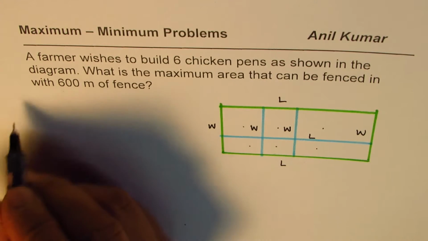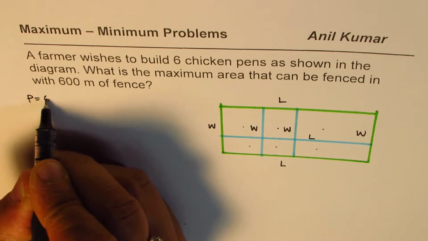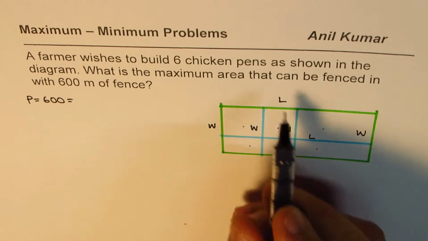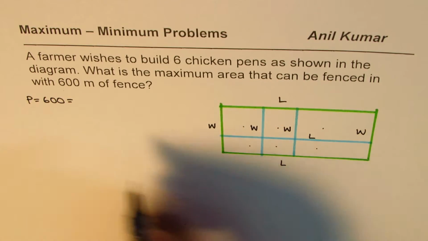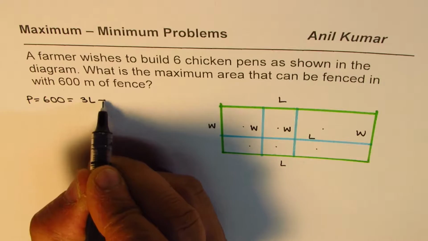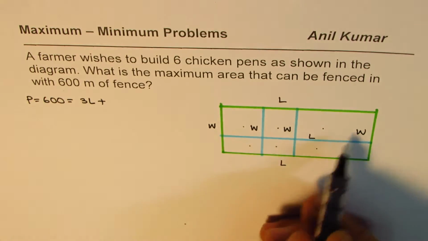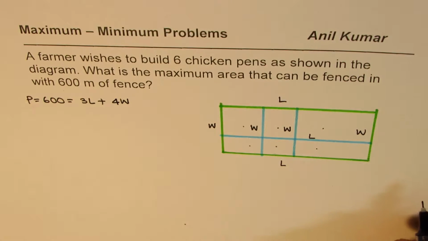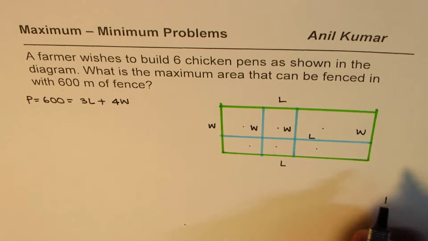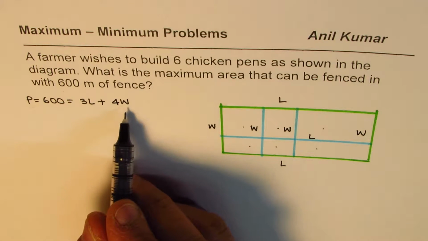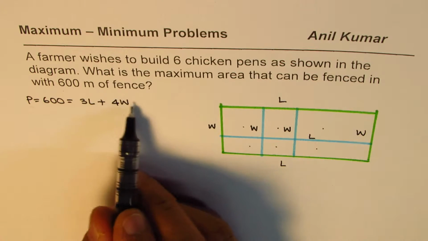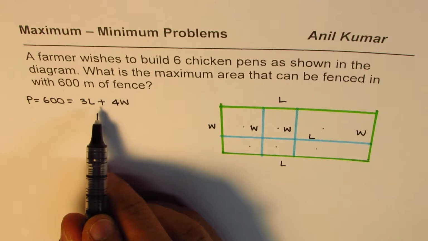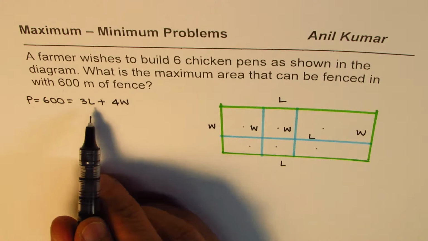Okay, we are given perimeter P equals 600. Now in this diagram you can see perimeter is these 3 lengths plus 1, 2, 3, 4 widths, right? 4 widths. So that is the perimeter for the given situation. Now we have 2 variables. We should write in terms of one variable. So let me select one.